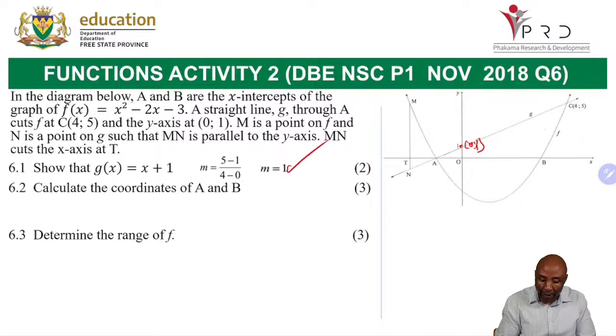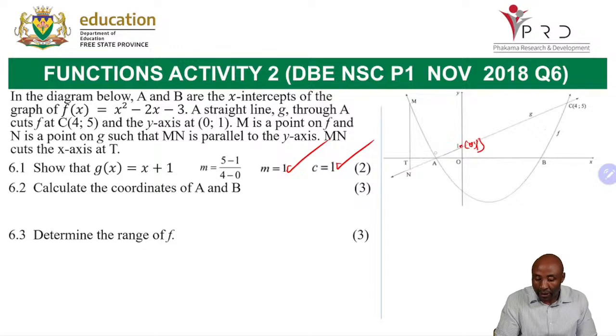We have the value of our gradient. We have the value of our C as 1. We are done. Moving forward, we have to calculate the coordinates of A and B. If you look at A and B, A is the x-intercept and B is also the second x-intercept.